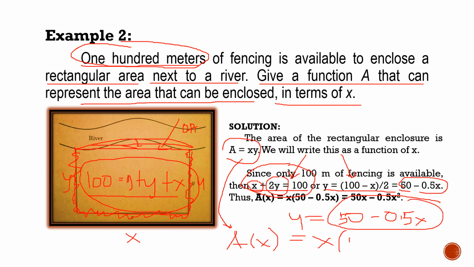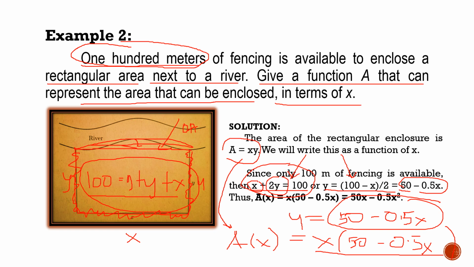So that will be equal to 50 minus 0.5x. So it's x multiplied by 50 minus 0.5x.